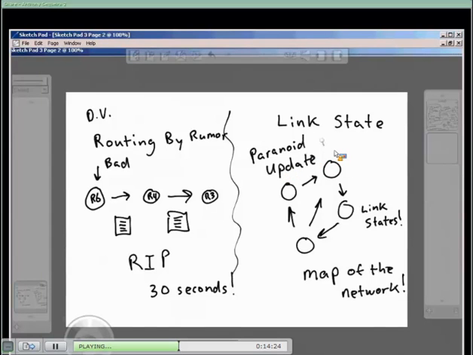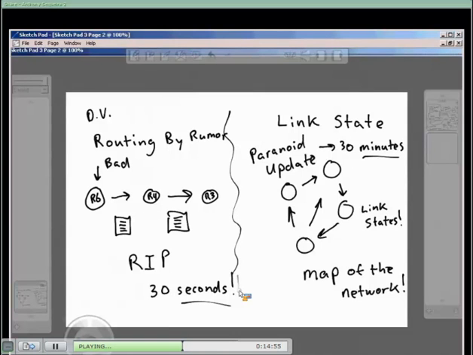And this is when, after 30 minutes, the devices will reflood their link state information, because the idea here is, well, we just want to make sure that the network is still properly converged. But notice in networking terms, there's an amazing amount of difference between 30 minutes and 30 seconds. I mean, those two aren't even close as far as networking times go.